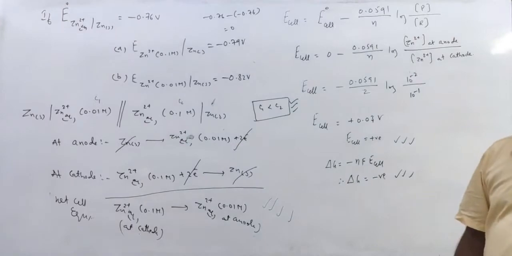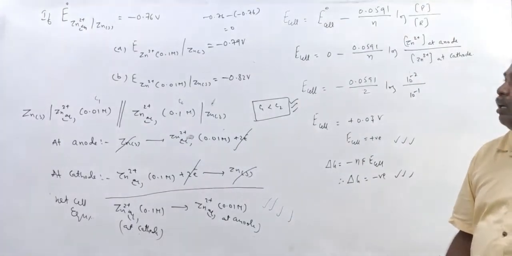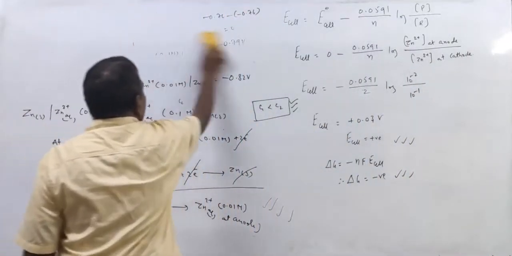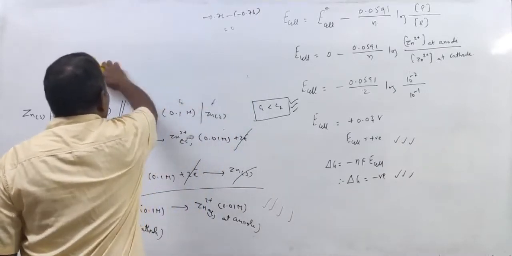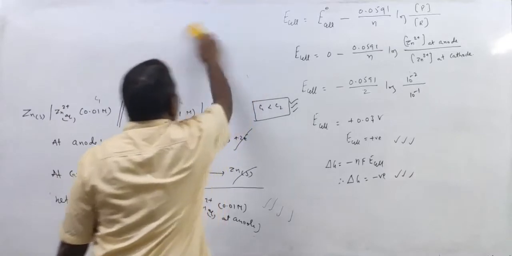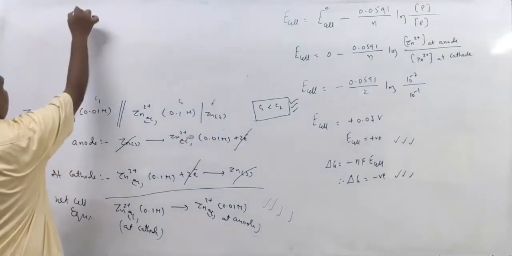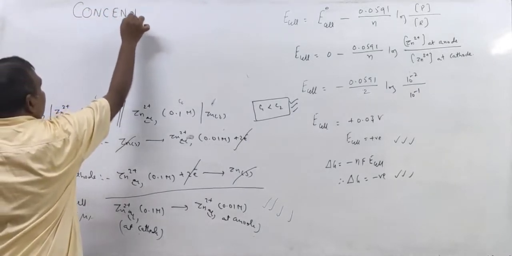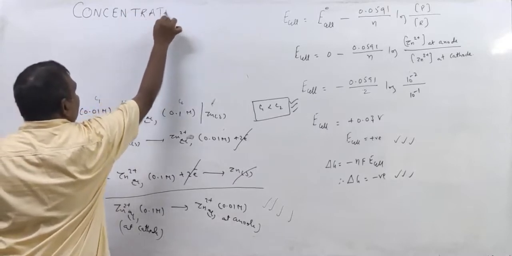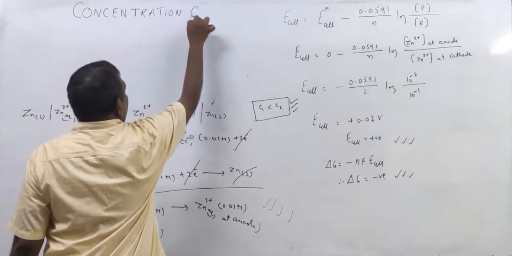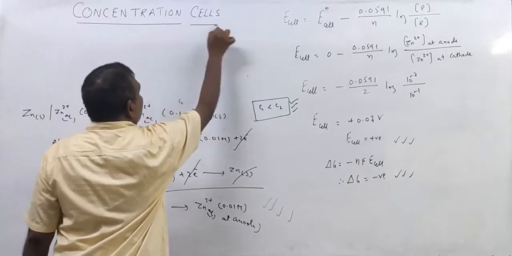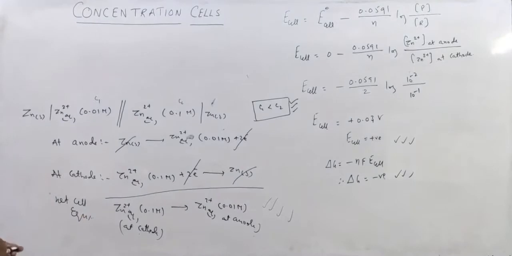That is why such electrochemical cells are called concentration cells.